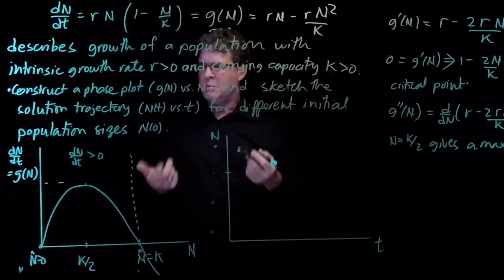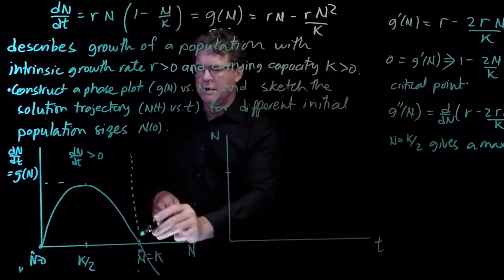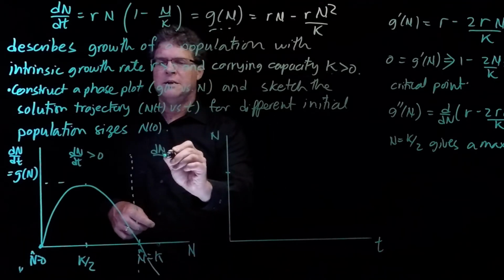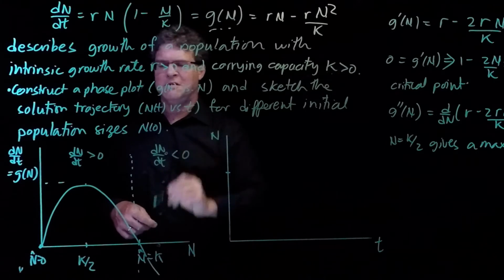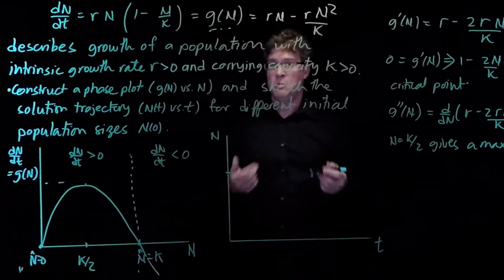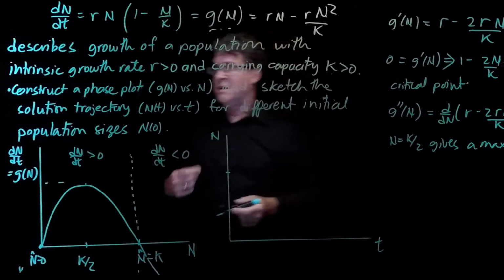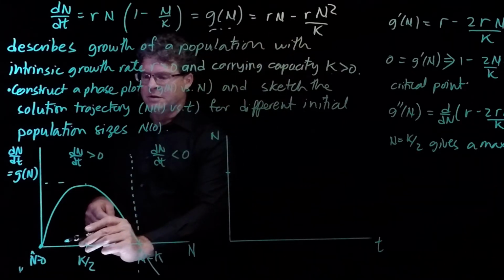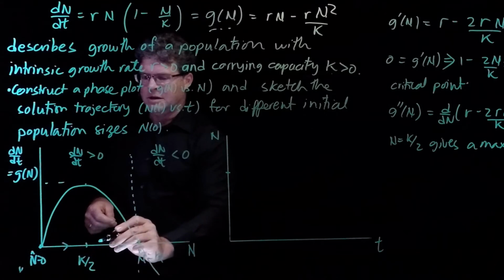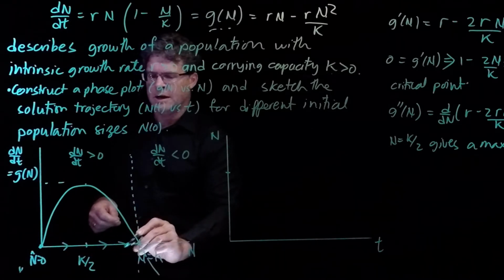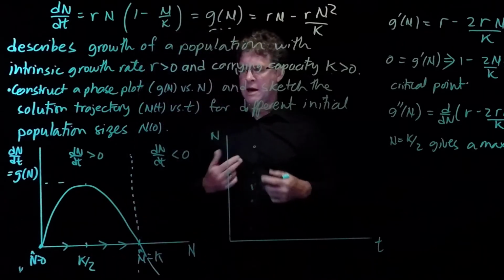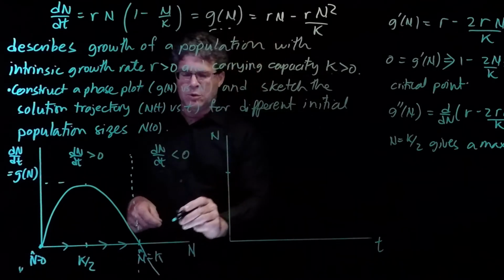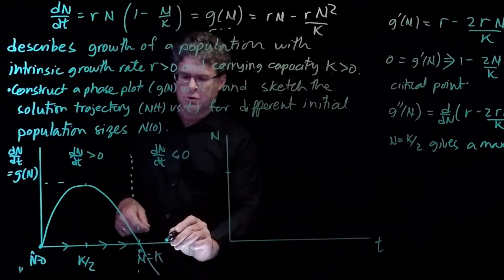When N is above K, our line for the function is negative, and so we have dN/dt is less than 0. This allows us to put lines on the phase line diagram. So when dN/dt is positive, N will be increasing, i.e. the arrows will be moving to the right. When N is larger than K, then dN/dt will be negative, and the arrows will be moving to the left.